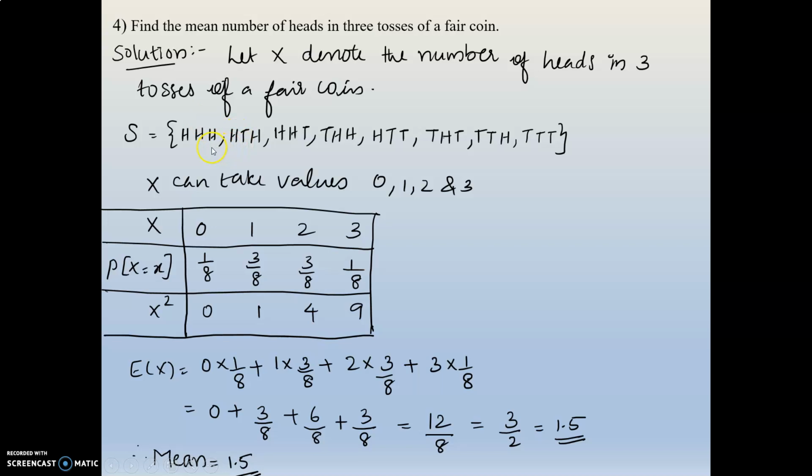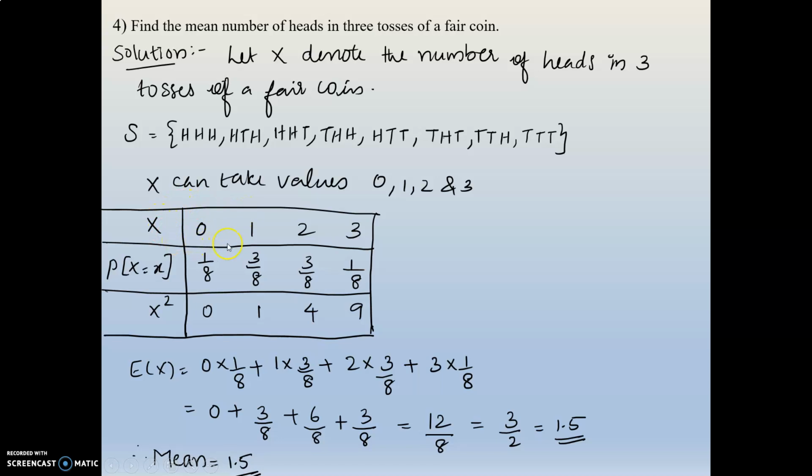If 3 coins are tossed, the first case may be all heads, or head, tail, head, head, tail, tail, head, tail, tail, head, etc., tail, tail, tail, all tails. So x can take values, number of heads in 3: maximum is 3, minimum is 0. So 0, 1, 2 and 3 are the values which x can take.